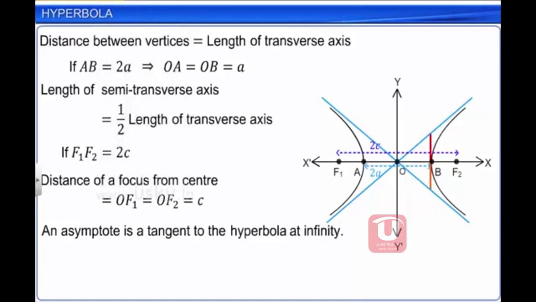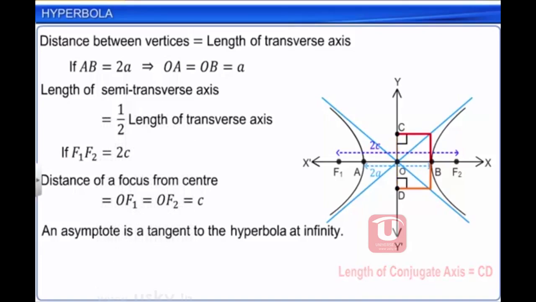Draw perpendiculars on the conjugate axis from the points where the tangent intersects the asymptotes. The distance between the 2 points where these perpendiculars meet the conjugate axis is considered the length of the conjugate axis of the hyperbola.